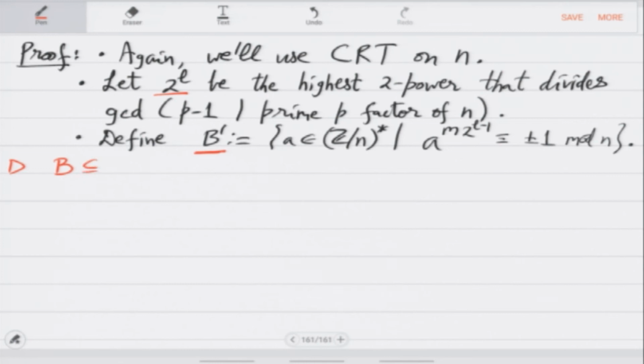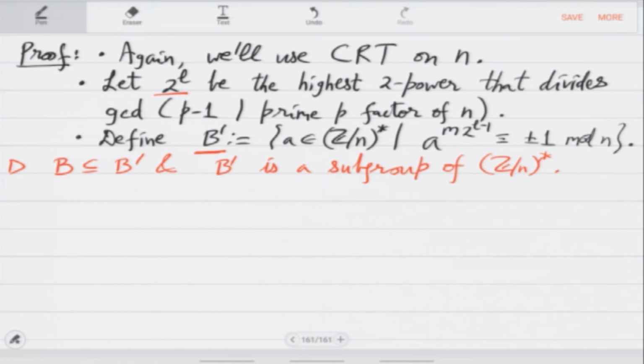So B is a subset of B prime, and B prime is a subgroup of Zn star. That is the advantage. So we have identified actually a bigger set than B, and it is a subgroup. So we will now show that B prime, hence B, is small.